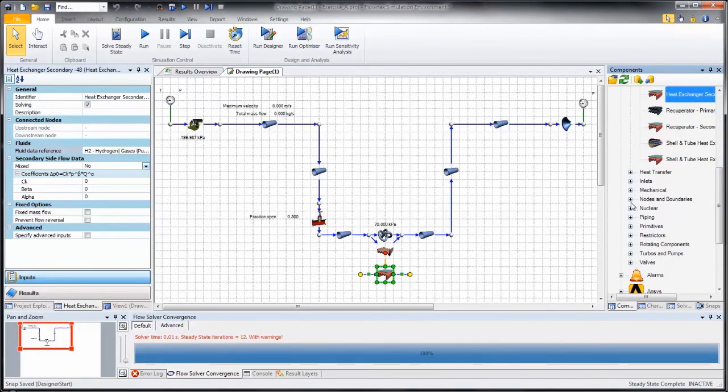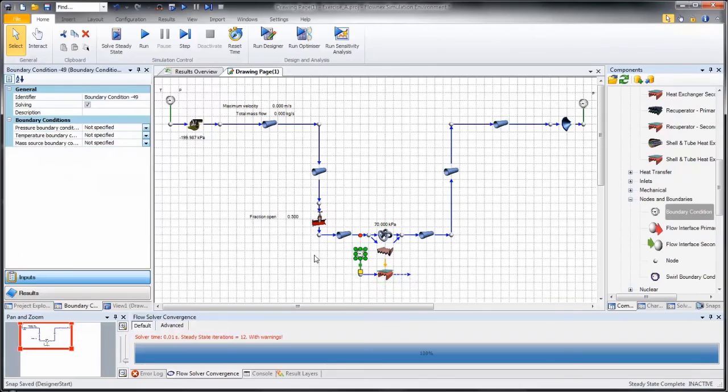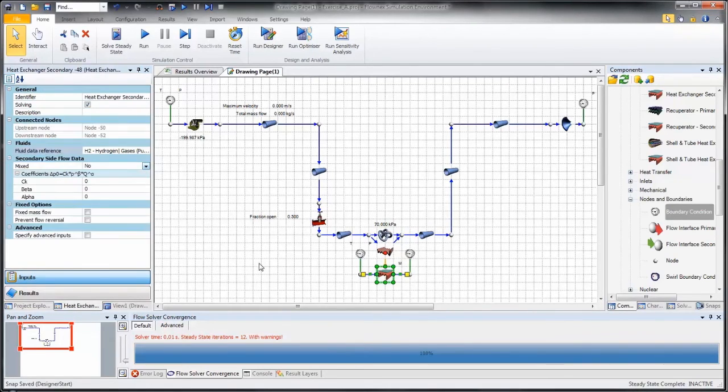Add my inlet boundary value and its values, together with an outlet mass source specification to get my system going. And with that, I can estimate my CK value to be around 200,000. 1 and 2.